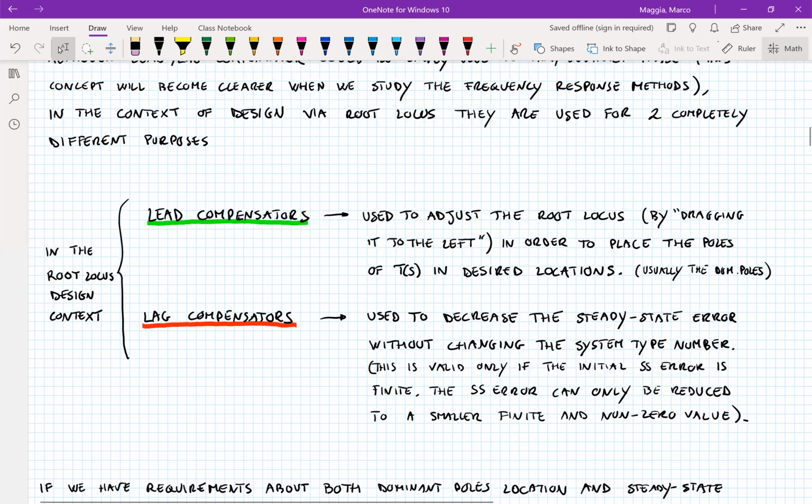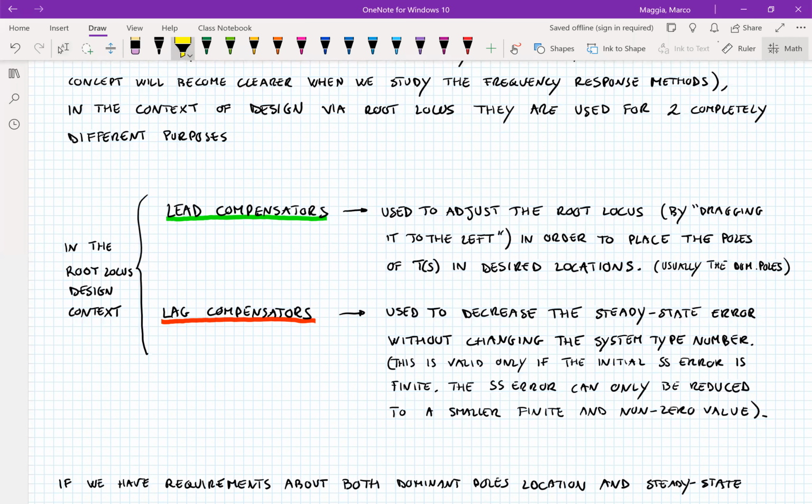So we're going to use the lead compensator to, you can think about it as, adjusting the root locus. And by adjusting the root locus, I mean that, let's say that our root locus looks like this, and we're going to see an example of it.